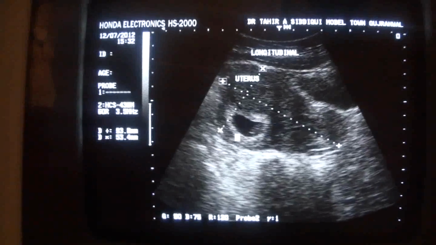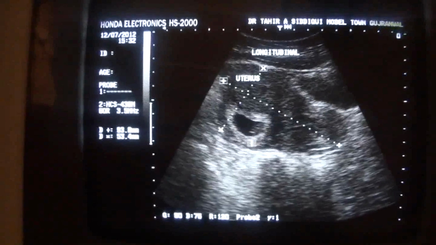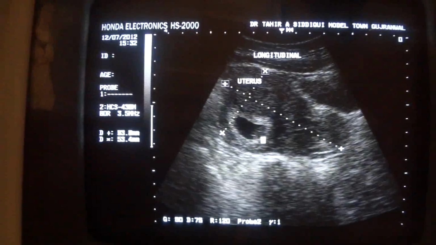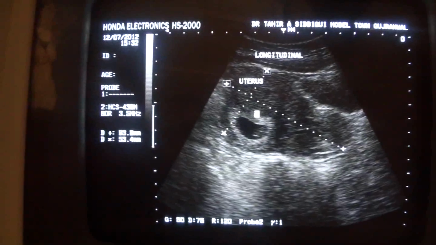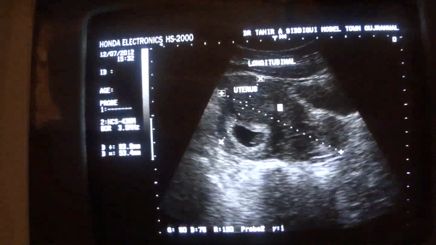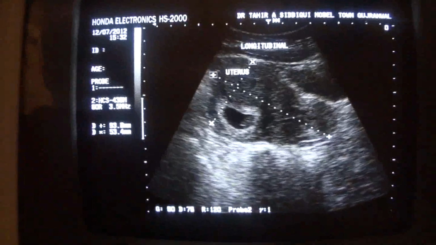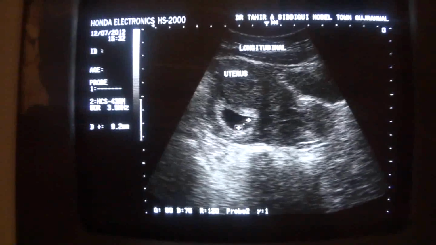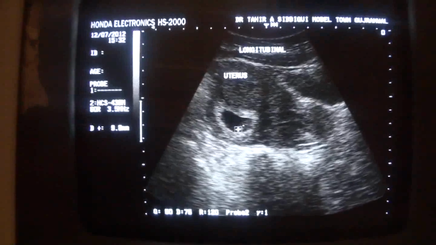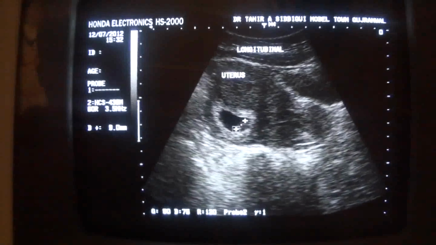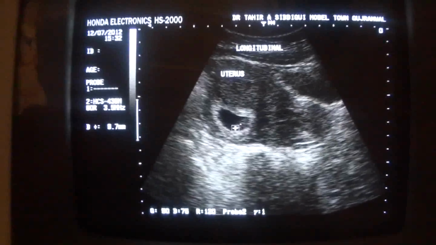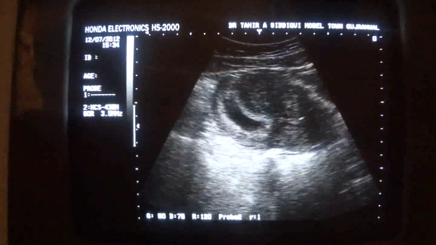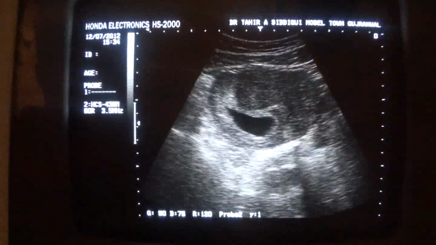Now the double decidual reaction is intact, almost equal, and there is no breach seen, no fluid seen around the sac. Now the fetal pole measures almost 9.7 millimeters, and now we will see whether it is viable or not.